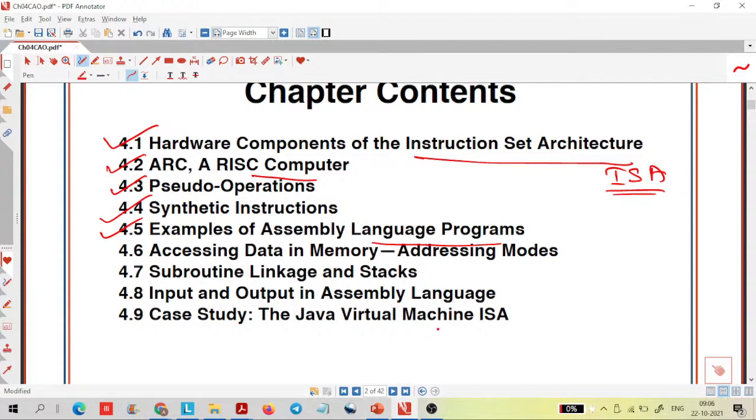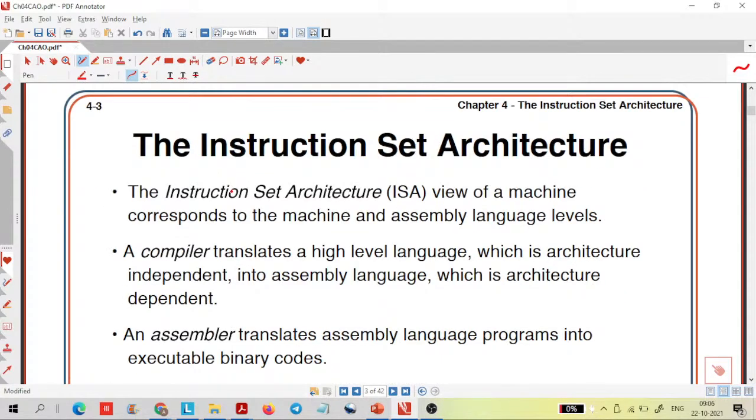Addressing modes and all we'll discuss. In the previous lecture we discussed the various data representation methods, floating point and fixed point, and the multiplication and division algorithms. That is the second chapter.